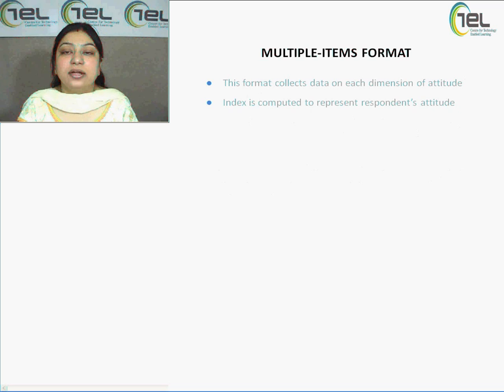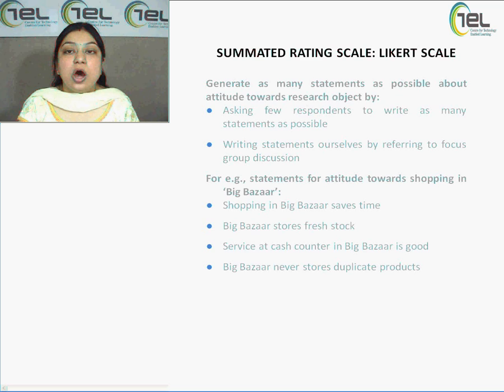Now, this format collects data on each dimension of the attitude. An index is calculated to represent a respondent's attitude. The various scales that can be used are, first, the summated rating scale, which is also called the Likert scale.